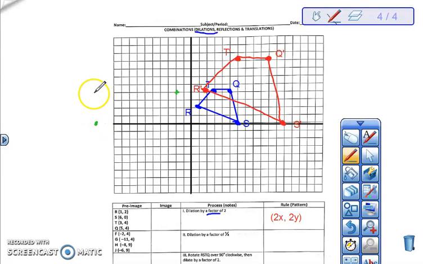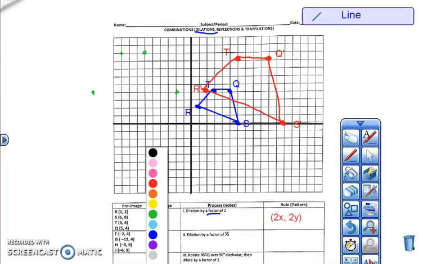And 4, so let's put that there. And then we have -8 and 9. And then -6 and 9. So we get ourselves a little trapezoid.